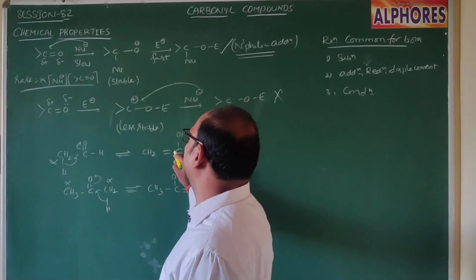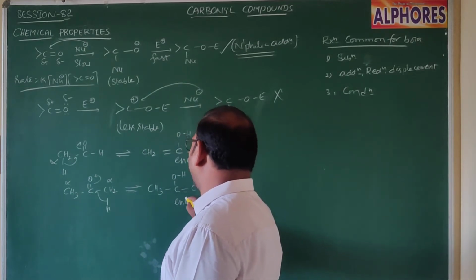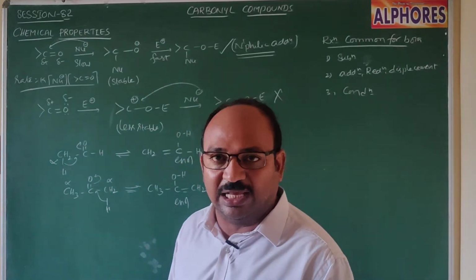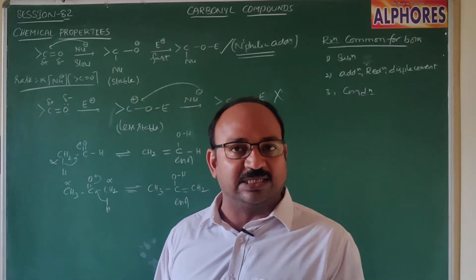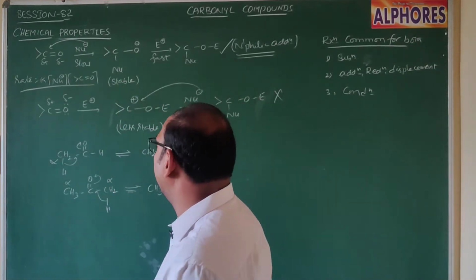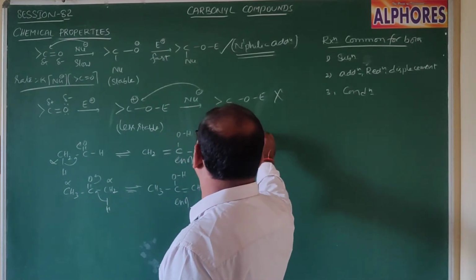So this is what we call enolization, and this is the enol. The enol form of carbonyl compounds is less stable compared to the keto form. But after losing a proton, the enolate ion is more stable.